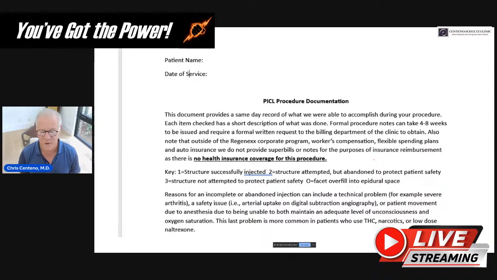So the goal of this form is to be able to hand it to the patient after the procedure. So here's exactly what was injected. Now, also on that form will be a web link to this video. And the goal there is so that patients can translate what's been checked on the form and better understand what actually got injected and why.